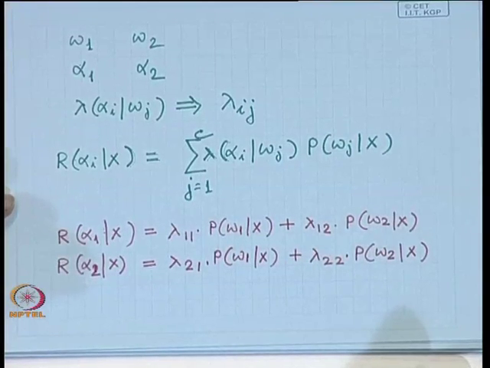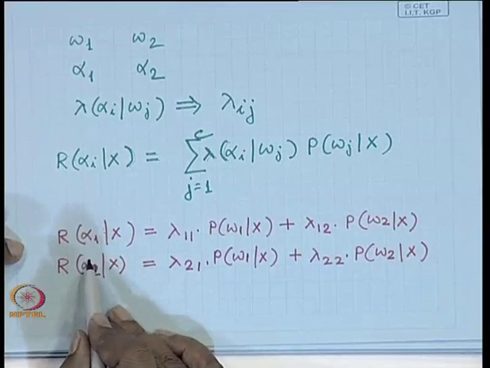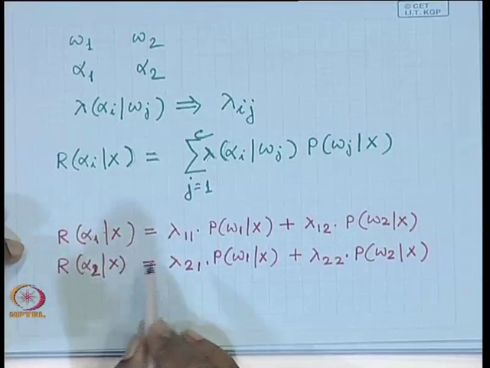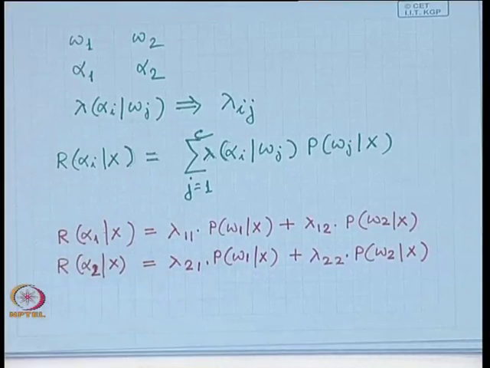Now, as I said, I have to take that action for which the risk is minimum. So, if after computation of r of alpha 1 given x and r of alpha 2 given x I find that r of alpha 1 given x is less than r of alpha 2 given x, then I have to take action alpha 1. If it is otherwise, that r of alpha 2 given x is less than r of alpha 1 given x, then I have to take action alpha 2.